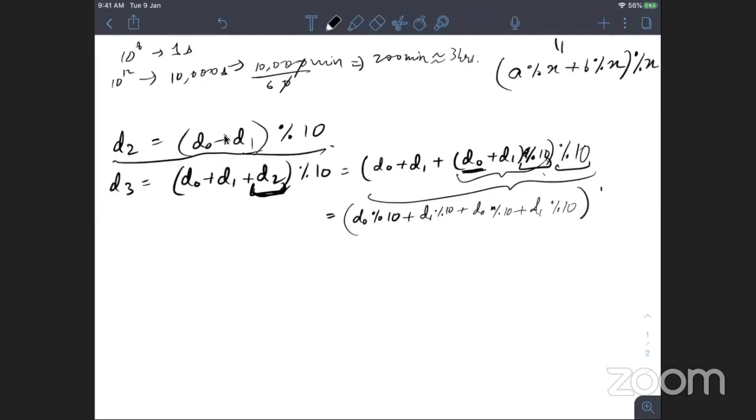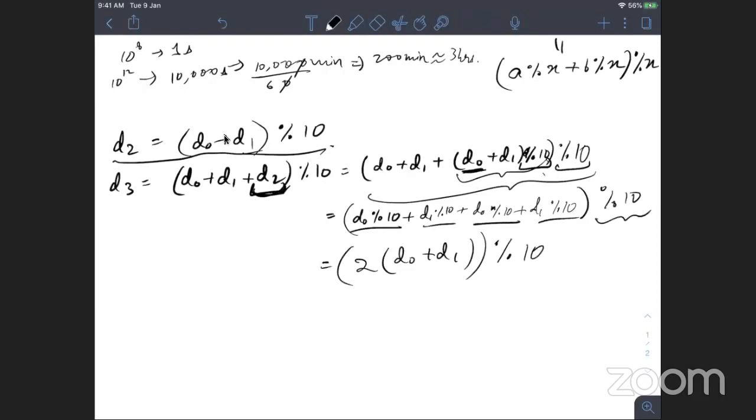So you get 2 times D0 plus D1, whole mod 10. You club both the D0s and both the D1s, and since the entire thing is under mod 10, you can do the entire expression and put a mod 10 outside.